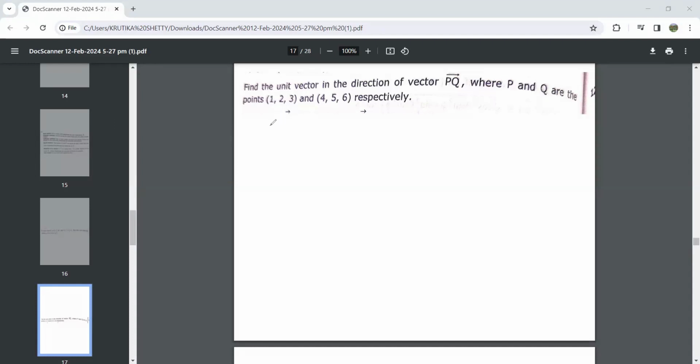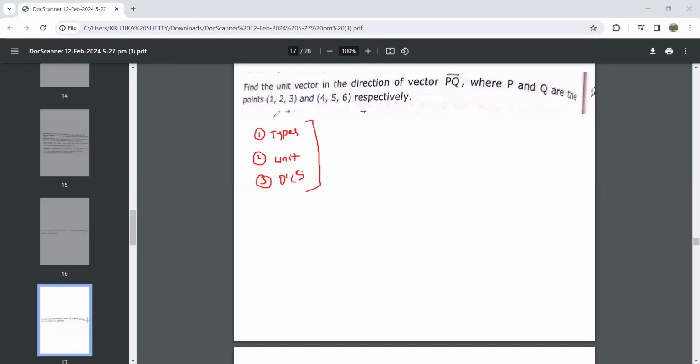See, for 1 mark we have discussed the questions on types of vectors. Next, unit vector, finding the unit vector, and then finding the direction cosines. So these are the concepts where the questions are occurring from.